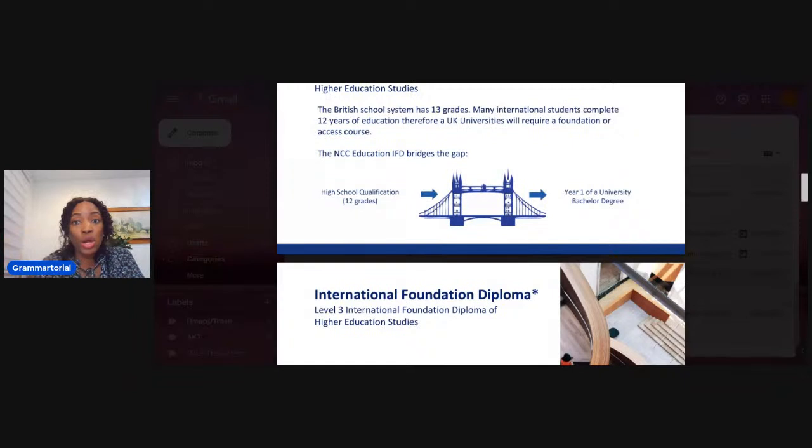You're getting an international qualification right in the comfort of your home country. You're getting a UK qualification in your home country without traveling to the UK. So that by the time you want to cross over to the UK or to whatever country of your choice, you have that IFD acting as a bridge, taking you to your desired destination.